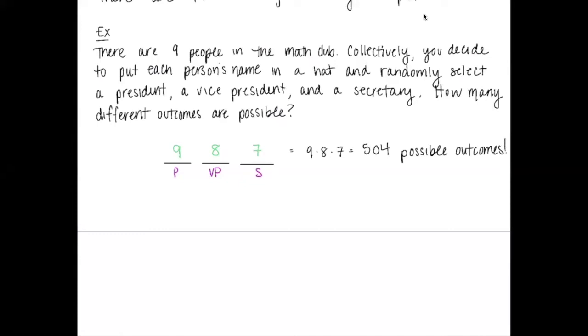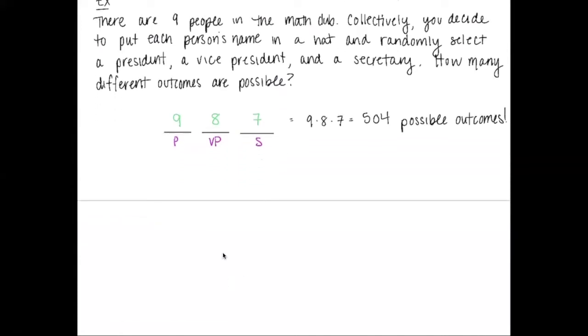So you have a lot of possibilities. But now if I change this and there are 1,000 people in the club and 50 of them are going to be selected for positions, you don't want to do this by hand. So this isn't always going to be the easiest method.